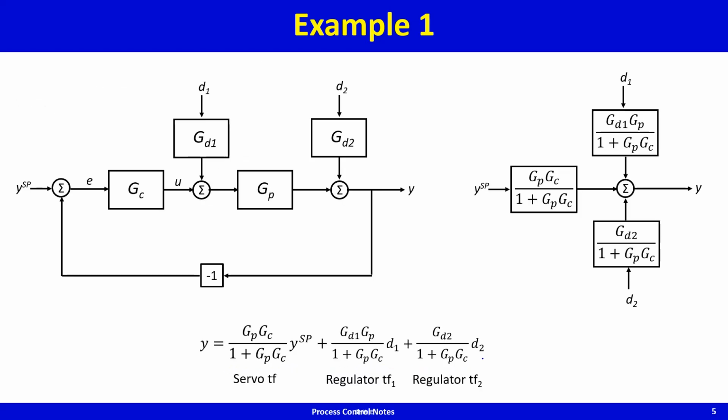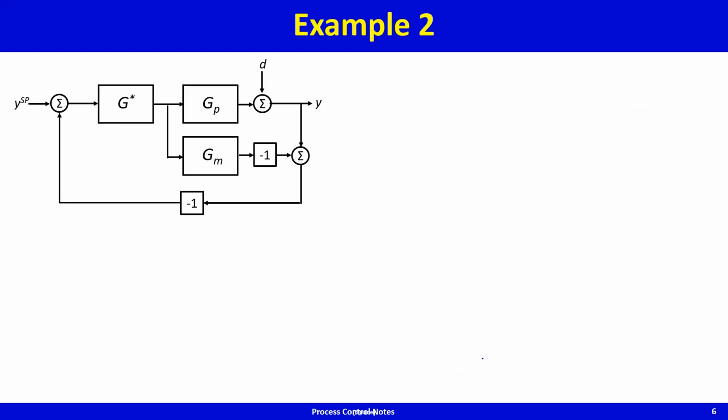Now let's look at example 2. This is something that you often see in model based controllers. This is the internal model control block diagram, and if you look at this block diagram, this is the control input to the process.